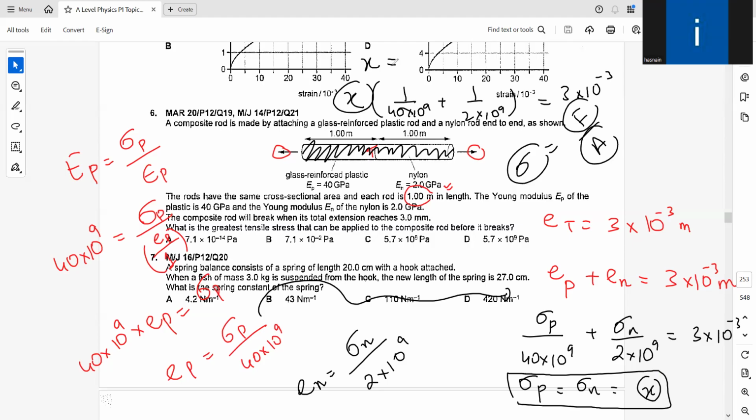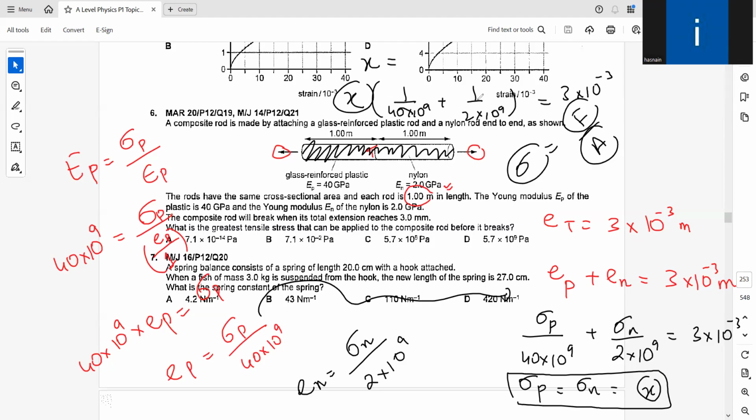Okay, let's do it. So 1 divided by 40 exponent 9 plus 1 divided by 2 exponent 9.